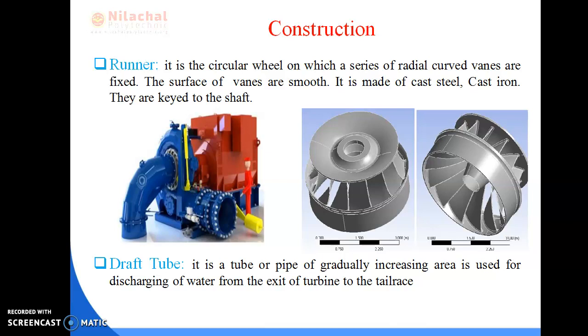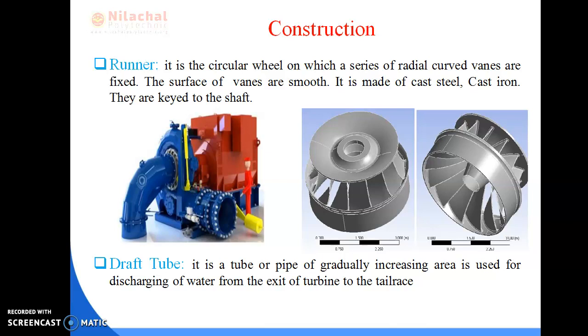As we increase the cross-sectional area towards the outlet, the kinetic energy of water is converted into pressure energy, and thereby we get high pressure at the outlet, and the water flows from the outlet to the tail race level.